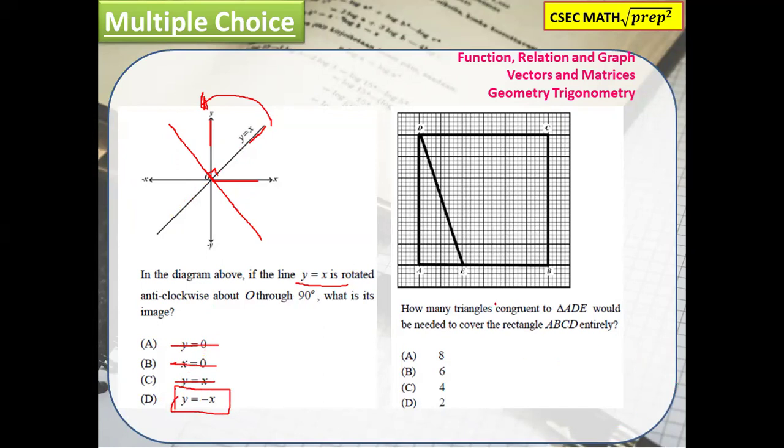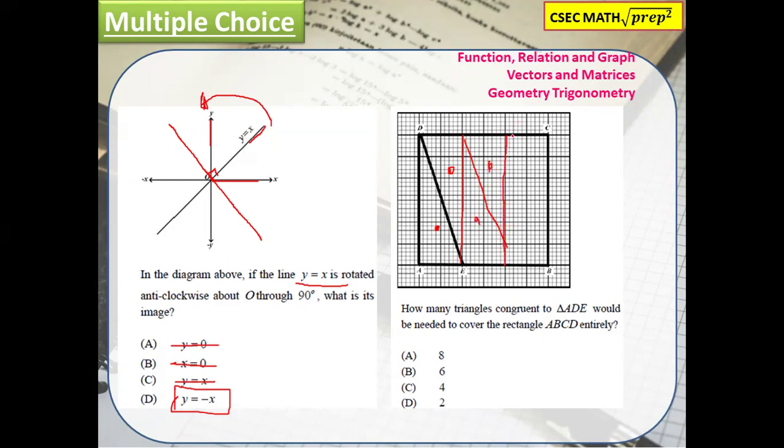Another question, how many triangles congruent to ADE, right here, be needed to cover the rectangle ABCD? All right, so that's another congruent triangle. These two are another set.